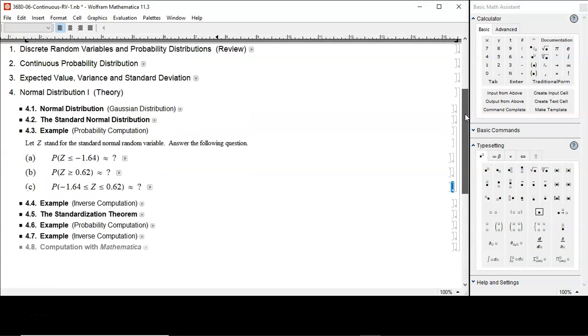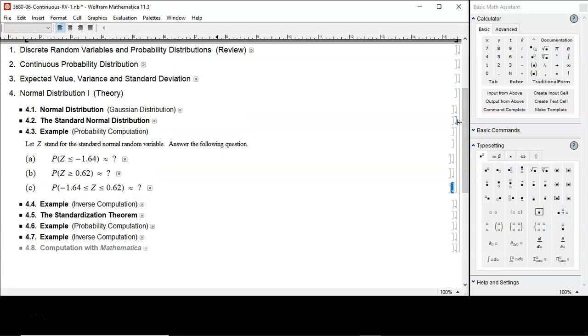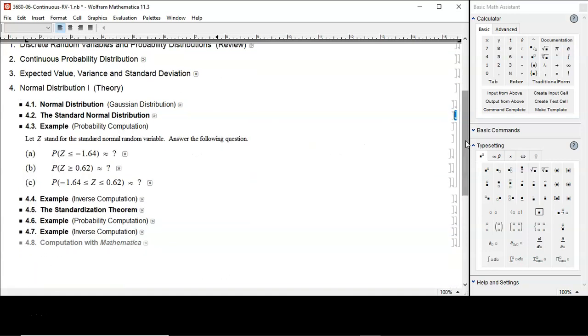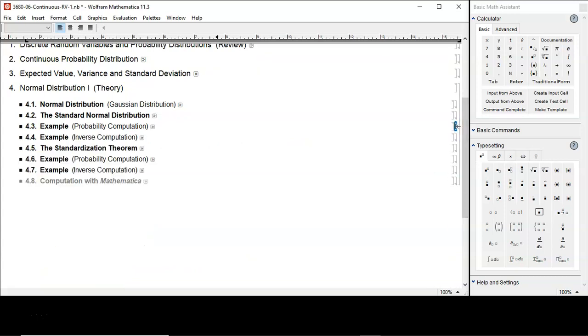So how do we work with the normal table to answer questions about the standard normal? I think we went through sufficient exercises. Now, we have to do some inverse computation, but I guess I'll come back and discuss that in a separate video.